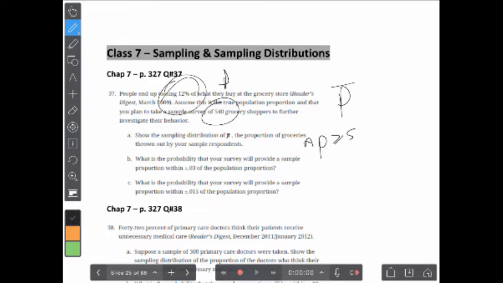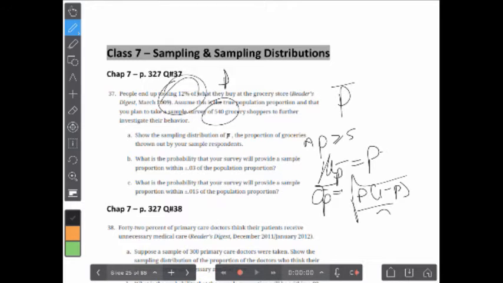So when it asks to show the sampling distribution, we need to give the mean and the standard error. The mean of the sample proportions is the same as the population proportion, and the standard error is the square root of P(1 minus P) over n. But in MindTap, you would need to put the actual values.